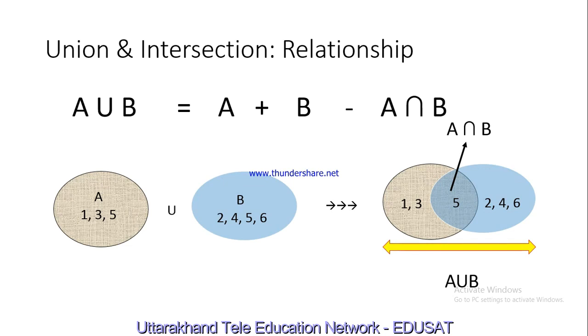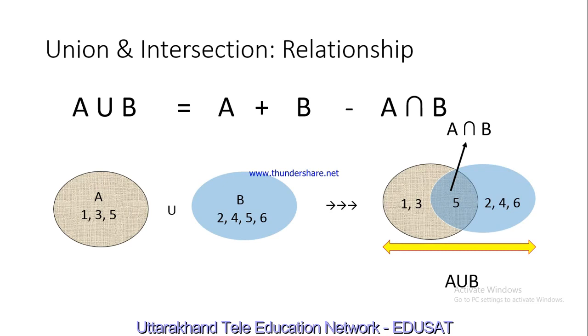So this is the formula that you will have to keep in your mind. This is the relationship between the union and the intersection. A union B is equal to A plus B minus A intersection B. I am trying to prove this formula using Venn diagrams also, so that you can understand the meaning of the formula and can make sense out of the Venn diagram which is given to you.